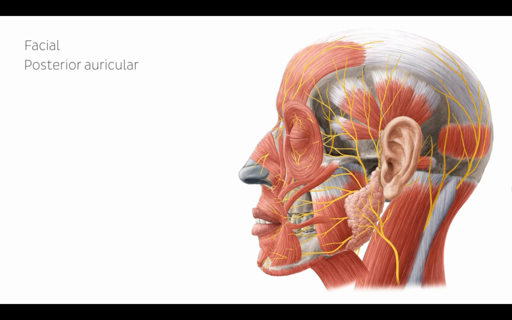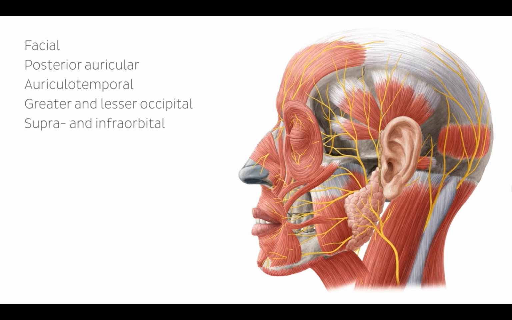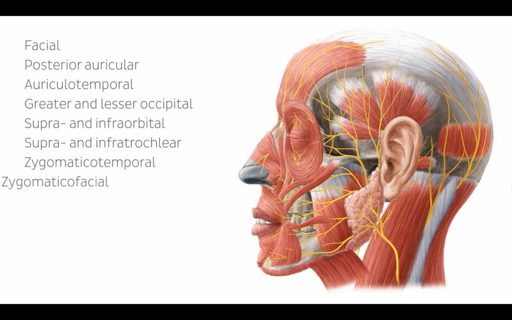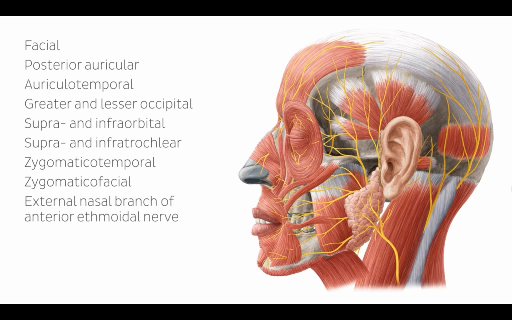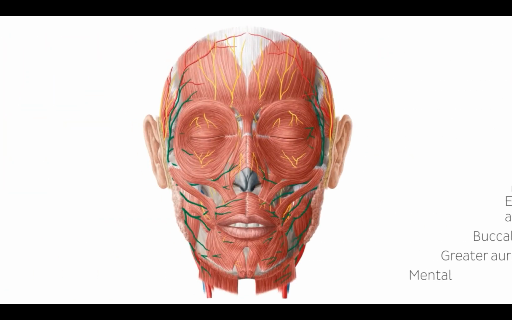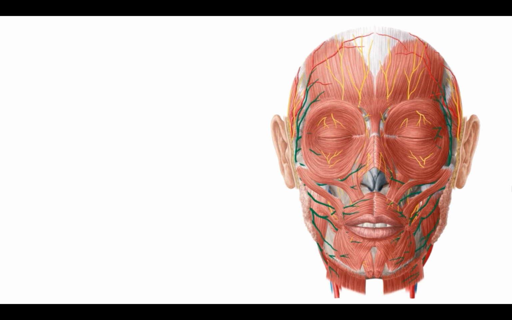Also going to talk about the posterior auricular, the auriculotemporal, the greater and lesser occipital nerves, the supraorbital and infraorbital nerves, the supratrochlear and infratrochlear nerves, zygomaticotemporal and zygomaticofacial, the external nasal branch of the anterior ethmoidal nerve, the buccal, the greater auricular, and finally the mental nerves.